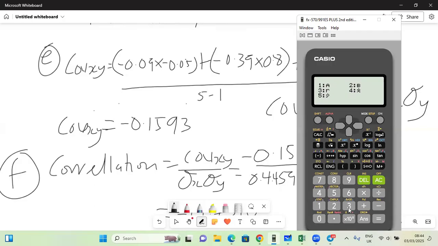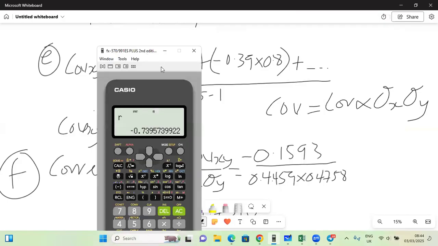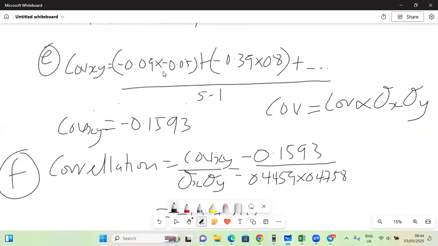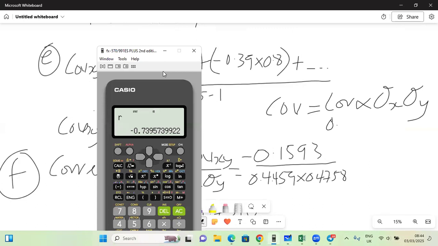Equals. We get 0.7396 approximately. So correlation is going to be 0.7396.